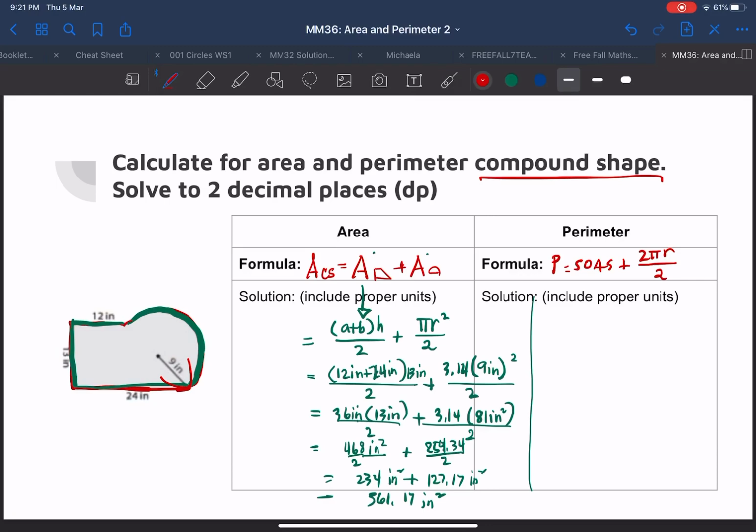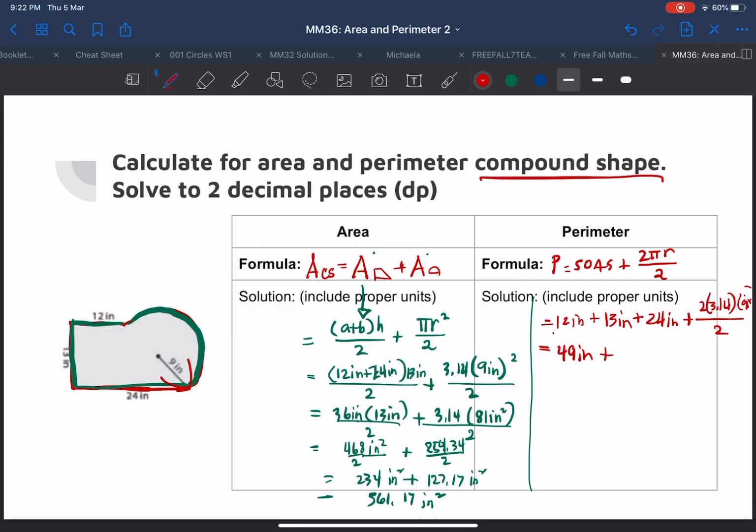Let's substitute. We have 12 inches plus 13 inches plus 24 inches plus 2 times 3.14 times 9 inches over 2. So 12 plus 13 is 25, plus 24 is 49 inches.